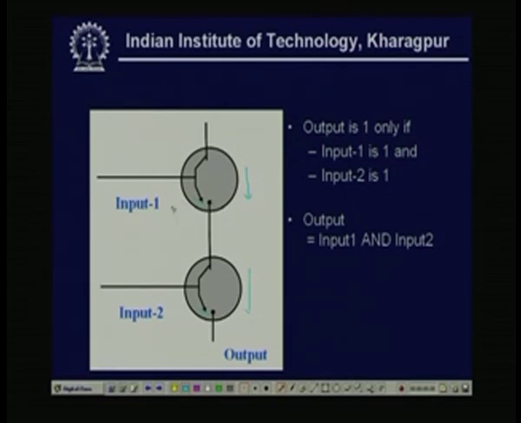So what do I want for that? I want this input 1 to be equal to plus 5 volt, and I want my input 2 to also be plus 5 volt. Then my output should be 1.